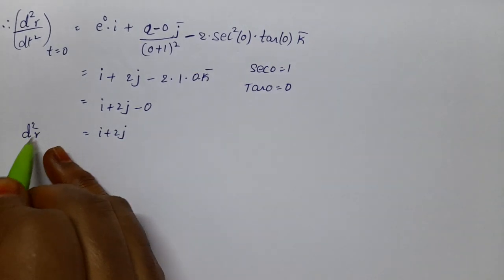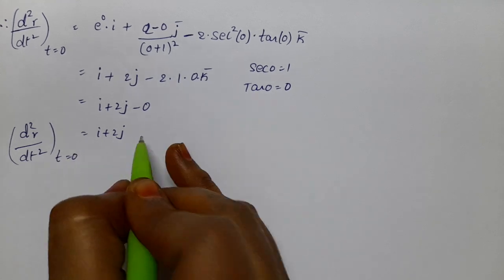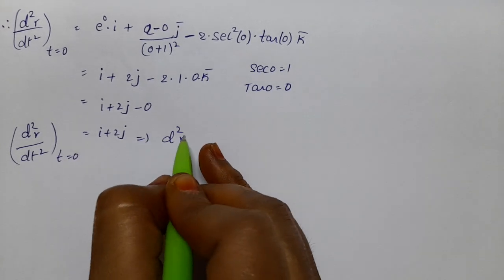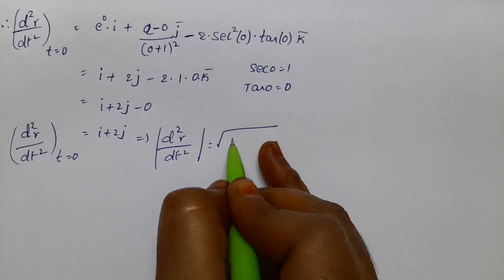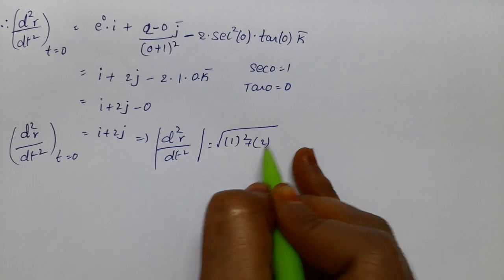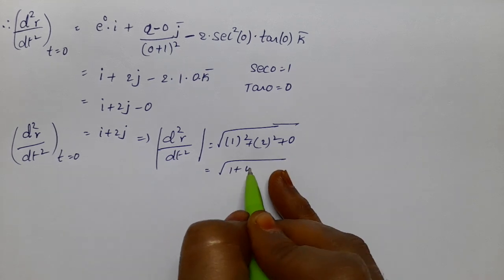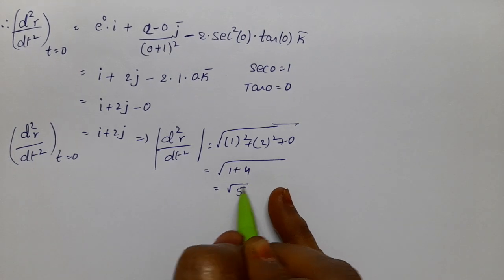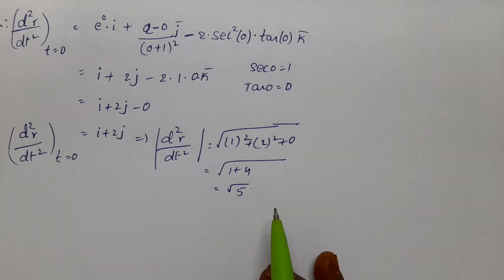This is d square r by dt square at t equal to 0. The modulus of d square r by dt square equals the square root of i coefficient squared plus j coefficient squared plus k coefficient squared, 1 plus 4, root 5. In this way we can calculate the second derivative also.